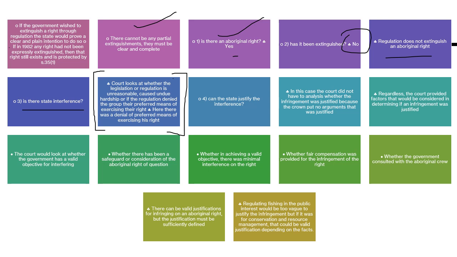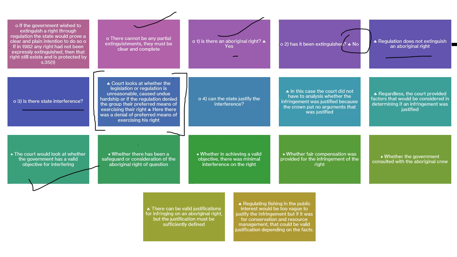Can the state justify this interference? In this case, the court did not have to analyze whether the infringement was justified because the Crown put forward no arguments that it was justified. Regardless, the court provided factors that would be considered in determining whether an infringement was justified. The court would look at whether the government has a valid reason for interfering with such a right, and whether there has been any safeguard or consideration of the aboriginal right in question.